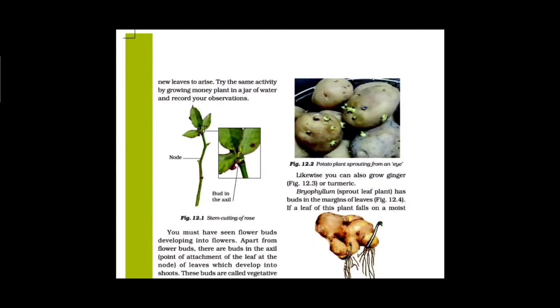You may find buds in them, right? See the picture. There are some buds present in it. These scars are called eyes.